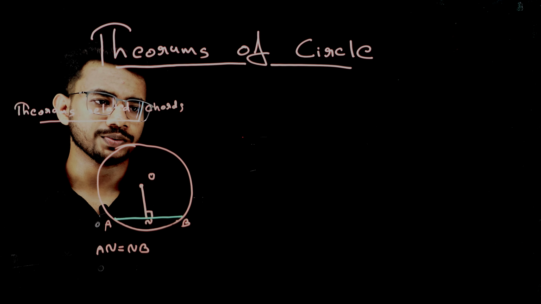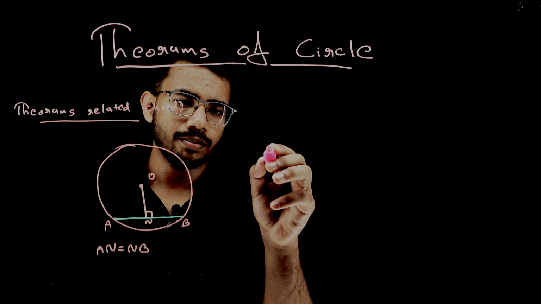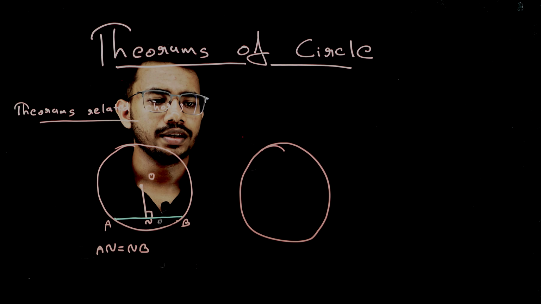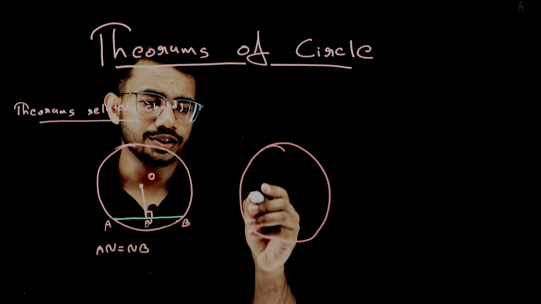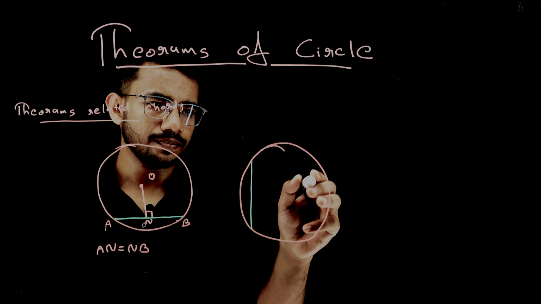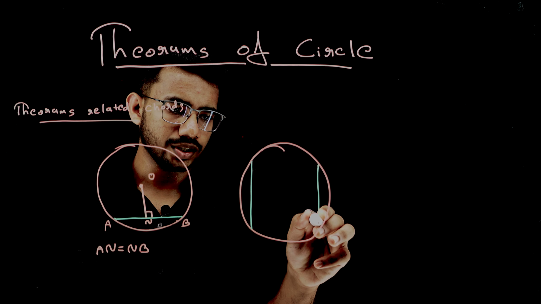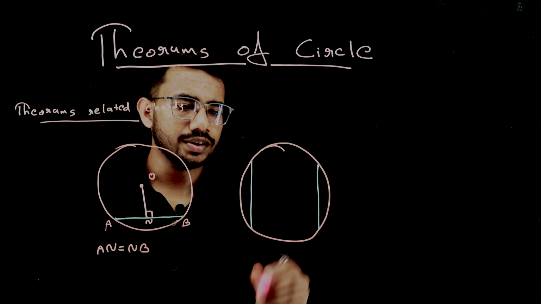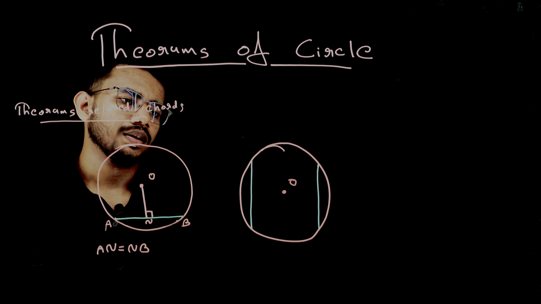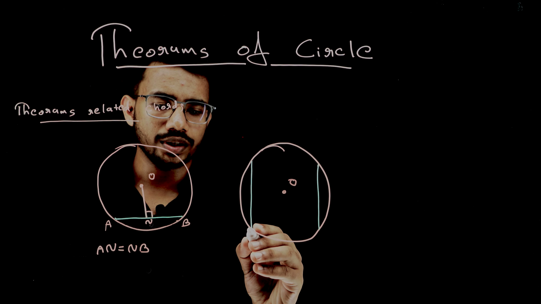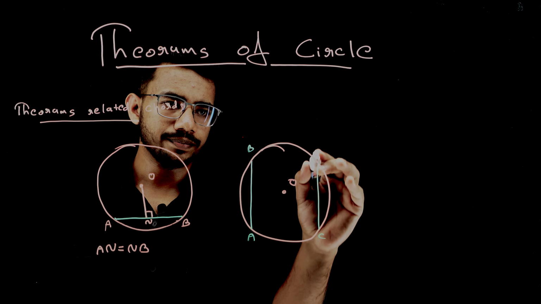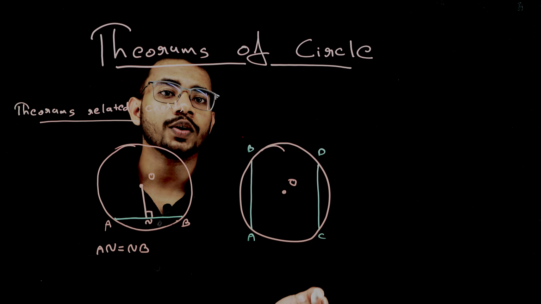Now moving on to the next one. Here I'm having another circle, and let's say I'm having two chords in this case. This being my first chord, this being my second chord, and I'm having the center here at O. Let's say this chord is AB and this chord is CD, and they are of the same length.